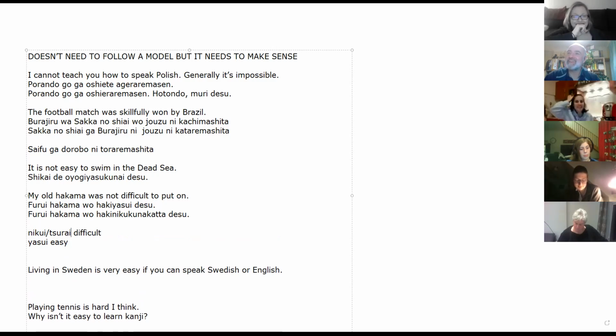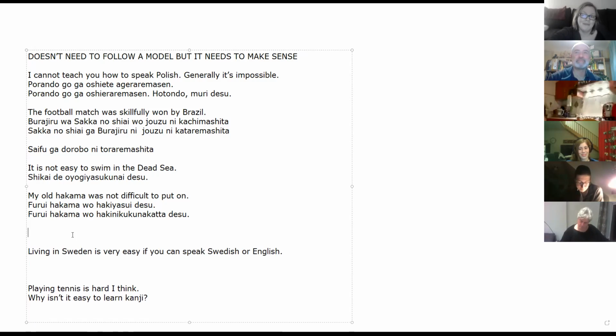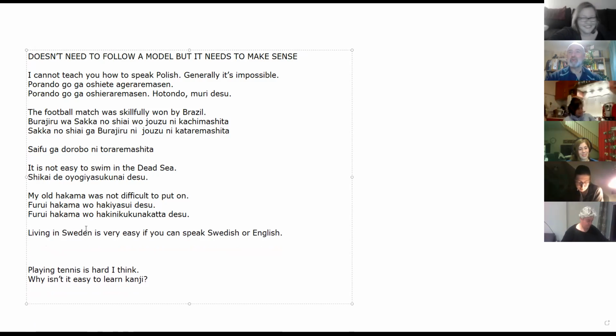Oh, it's a little bit easier. You get out of the staccato. Haki tsurakunakatta or haki nikukunakatta. I prefer the nikui. It's because you're Polish, you don't actually have any vowels in your language. All of your vowels were stolen by the Finnish.